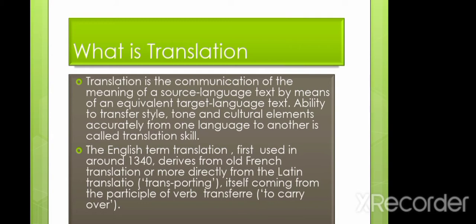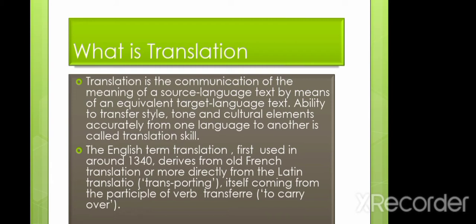What is translation? Translation is the communication of meaning of a source language text by means of an equivalent target language text. Translation is basically communication, a pathway of transferring a source language into a target language.